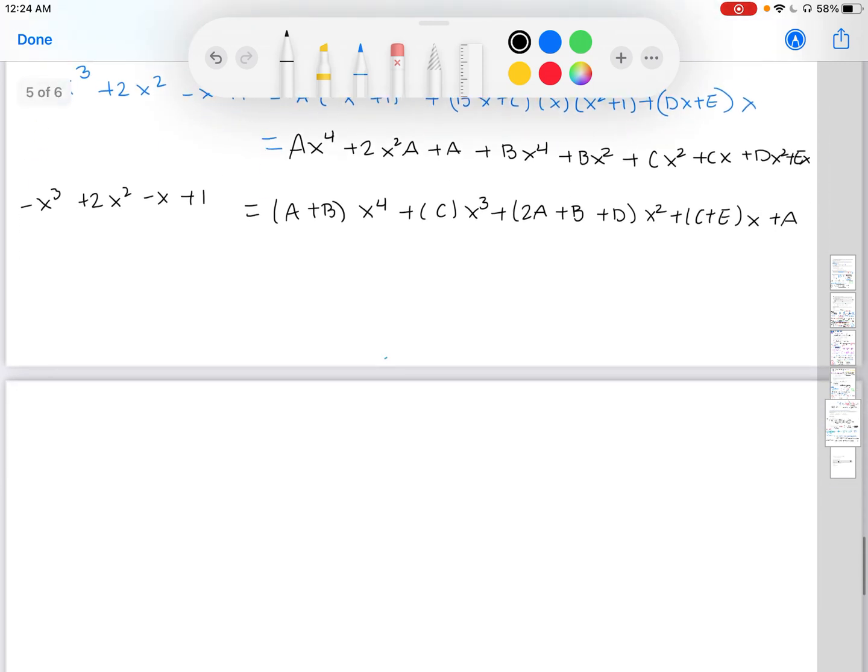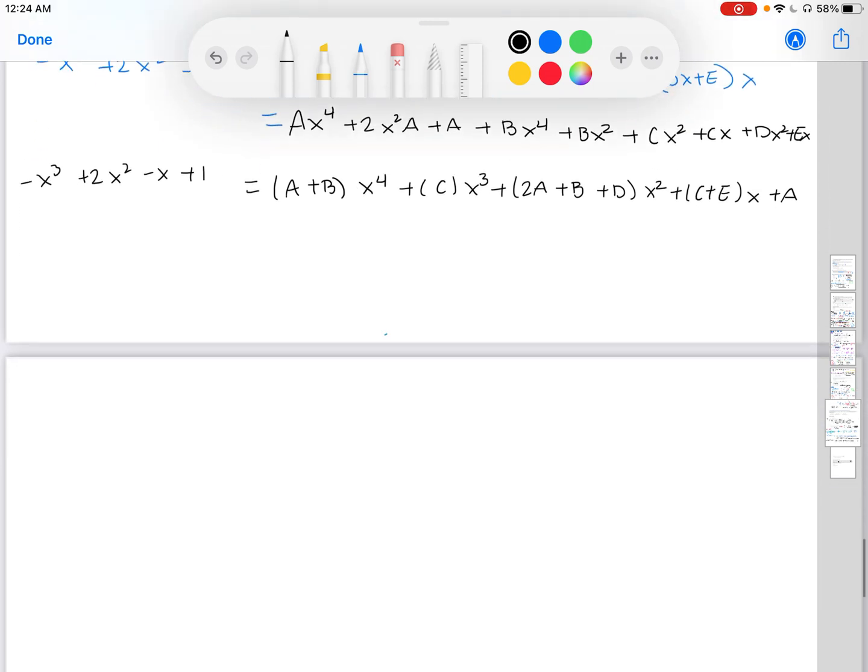All right, let's set up a system of linear equations so that we have, in this case, A plus B equals 0, since we don't have an x to the fourth. C equals negative 1. 2A plus B plus D equals 2.